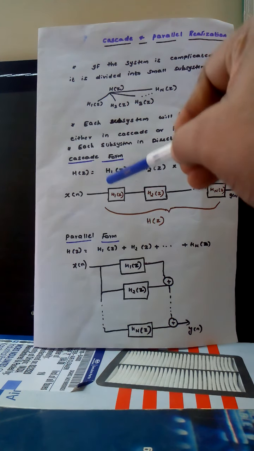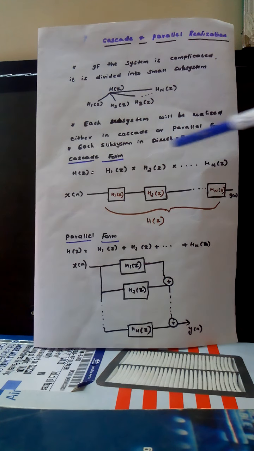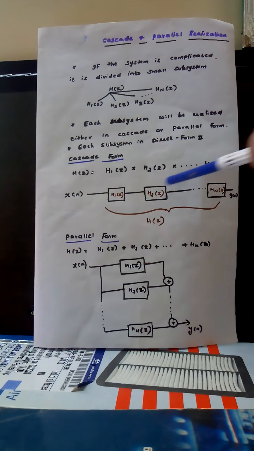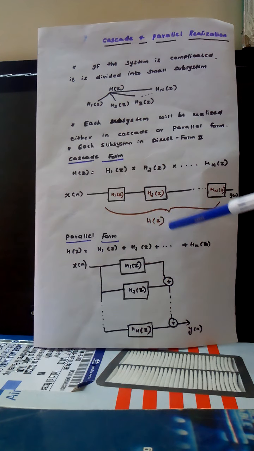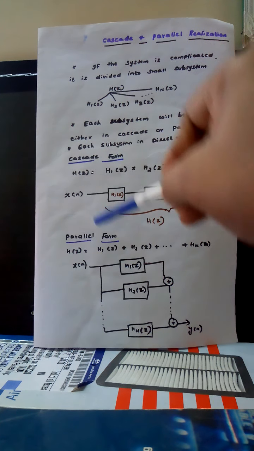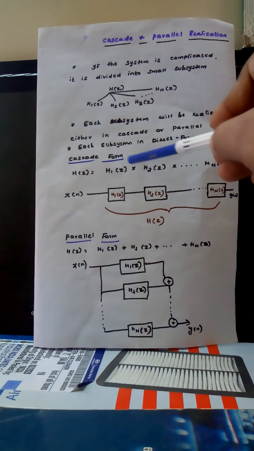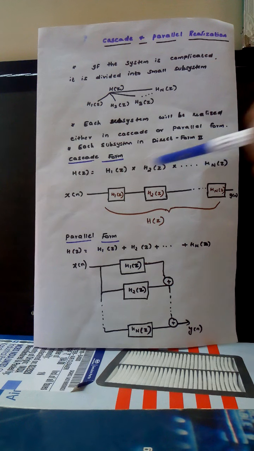This form of arrangement of subsystems is nothing but the cascade realization. So we are placing one after the other, and making the product of all the subsystems, we get the complicated system, that is h of z. So this is the cascade form. In the cascade form, we make all the subsystems and take the product of all the terms.